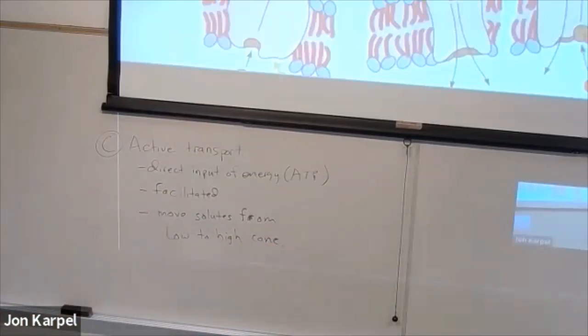What do the rules of physics say in passive transport? Always high to low. Anytime we go against the rules in the cell or in our body, we're going to have to do work, and work here means you need energy.